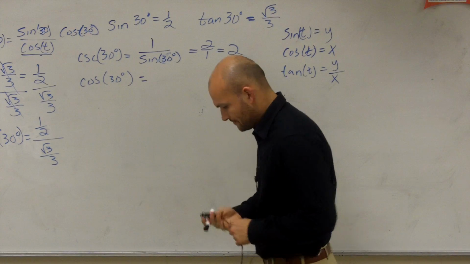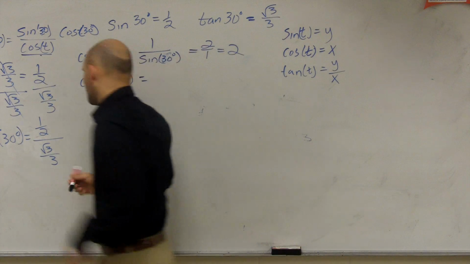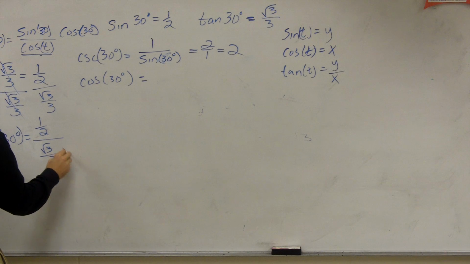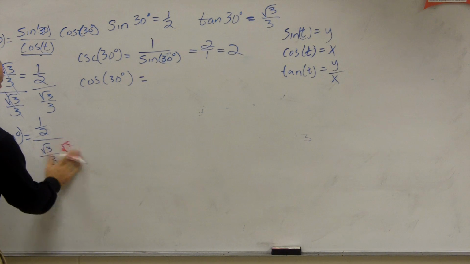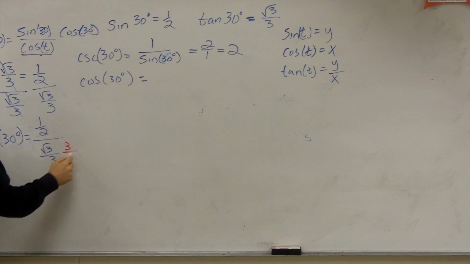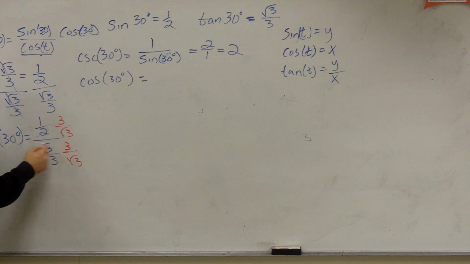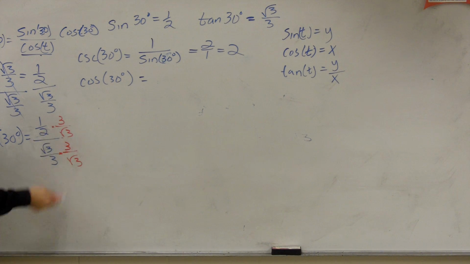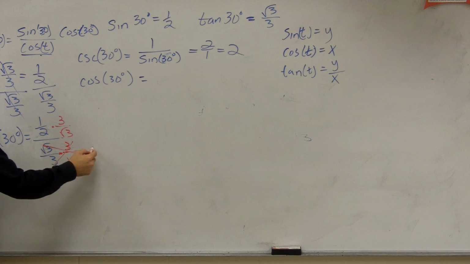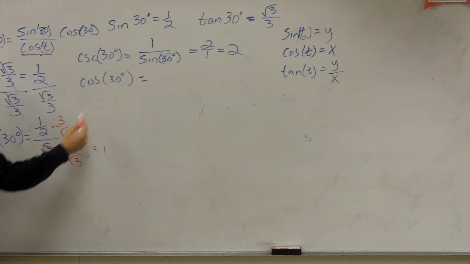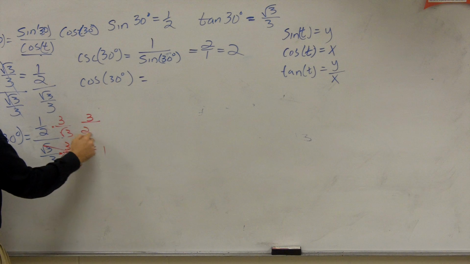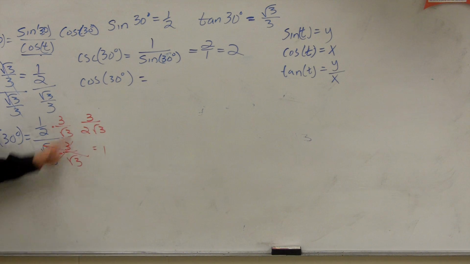So when we look at it, multiplying by the reciprocal, we have 3 divided by the square root of 3. Well, any number multiplied by its reciprocal always goes to 1, right? Multiplies out to 1. Here we multiply across, we get 3 over 2 radical 3.